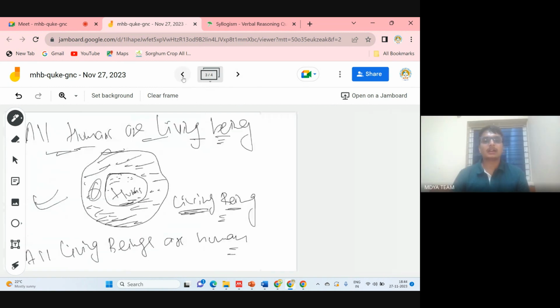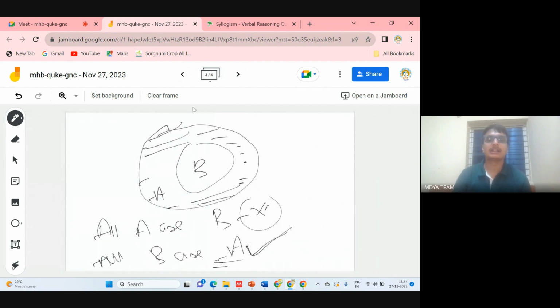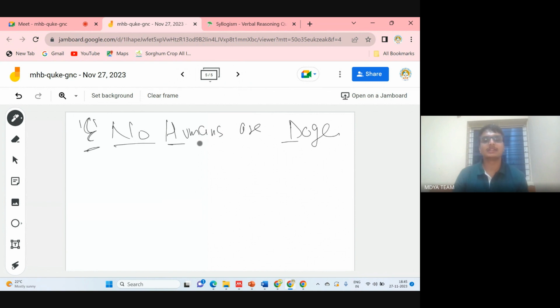So we have discussed the A type, how to make a Venn diagram for an A type statement. Now let's go towards the E type statement. No humans are dogs. For understanding, I'm giving some live examples so that you can correlate.